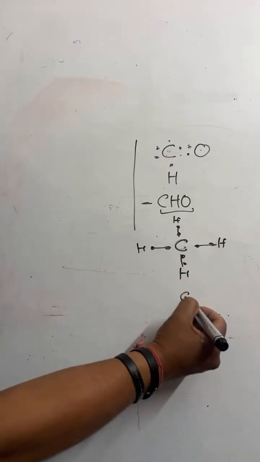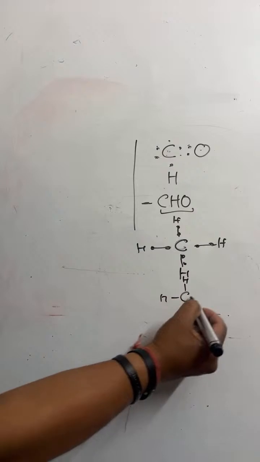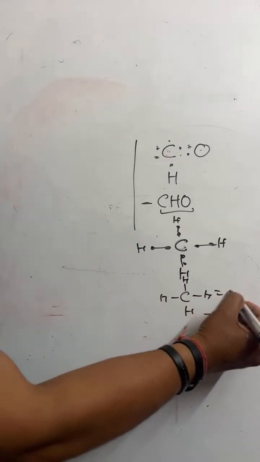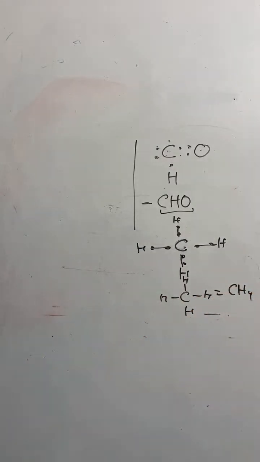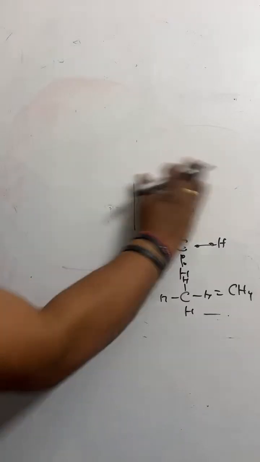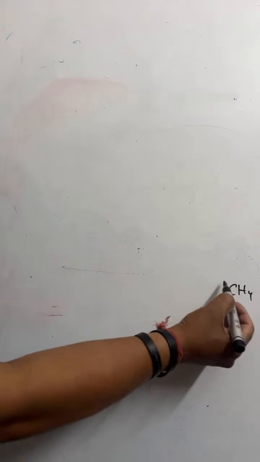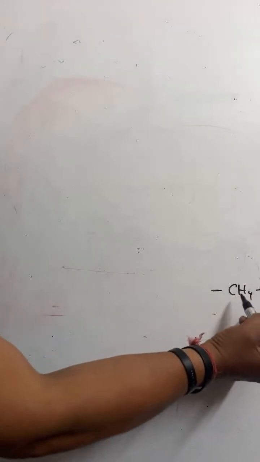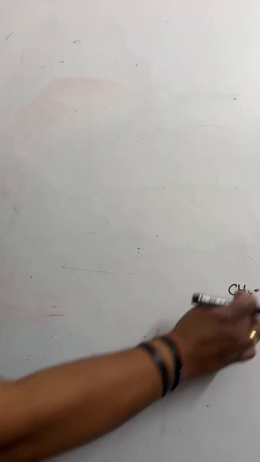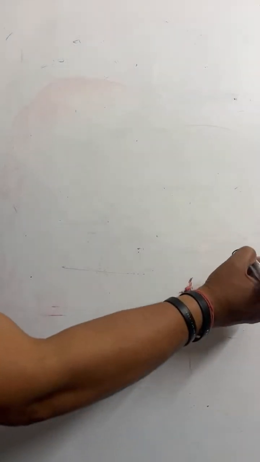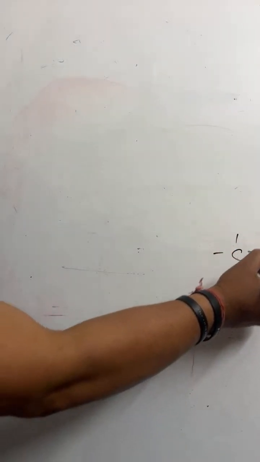So this is called CH4, and its name in chemistry is methane. The first compound of the series is CH4, because this carbon is added with the four hydrogens in this way.